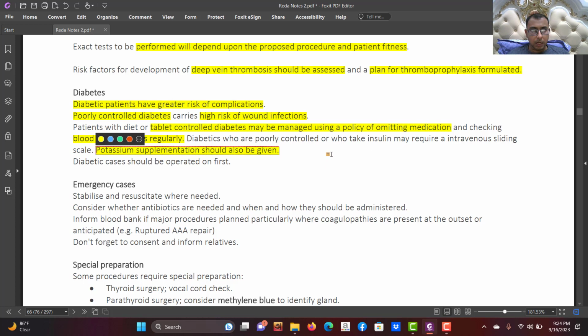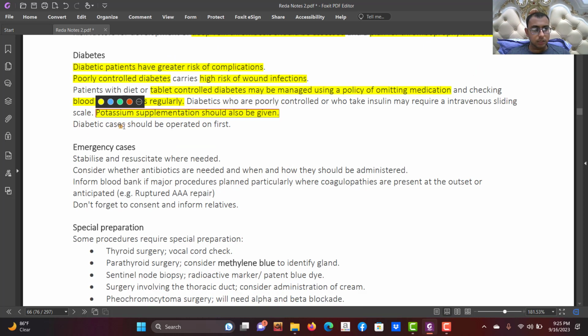So there will be hypokalemia in case of insulin dependent diabetes mellitus, and it will create another problem, that is cardiac arrhythmia and this kind of problem. So in that case we have to use potassium supplementation along with the insulin. So here the diabetic case should be operated first.